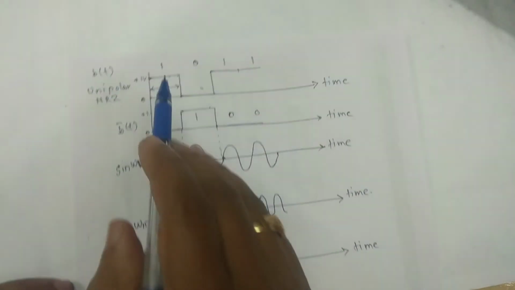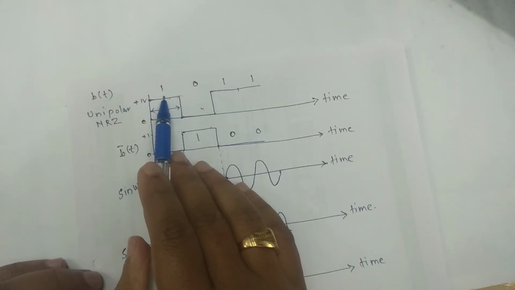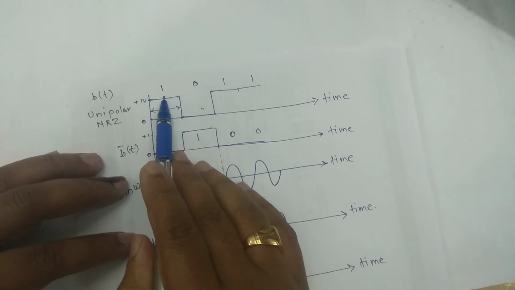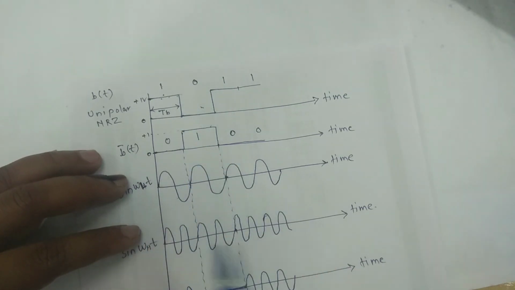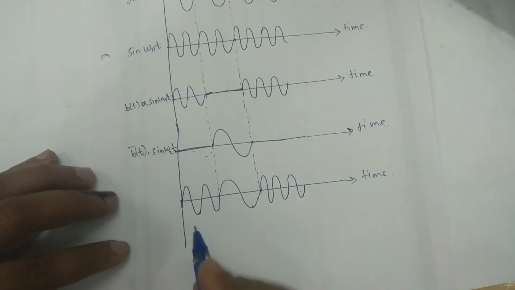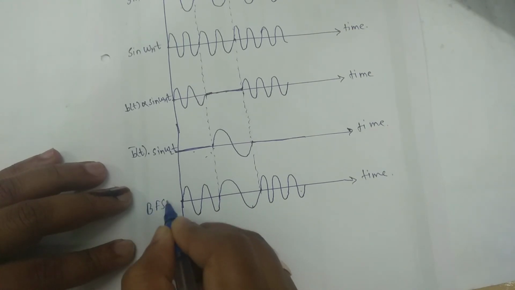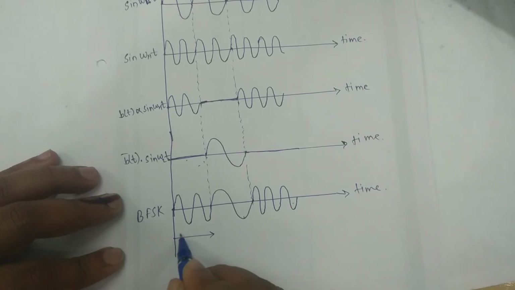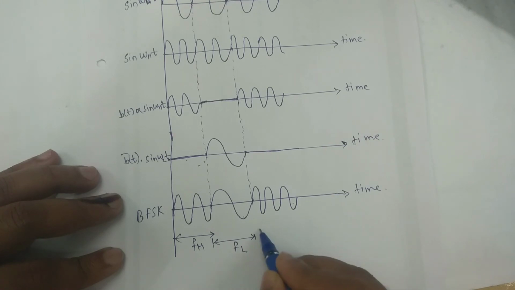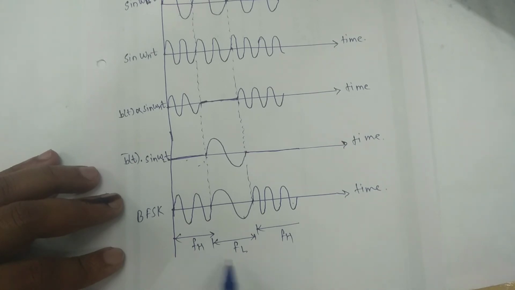So whenever there is a bit 1 we get a high frequency carrier, and whenever there is a bit 0 we get a low frequency carrier at the output. This signal we call BFSK, binary frequency shift keying. In this portion the frequency is FH, during this portion the frequency is FL, and again this is FH. Since we are using two frequencies, it is called binary frequency shift keying.